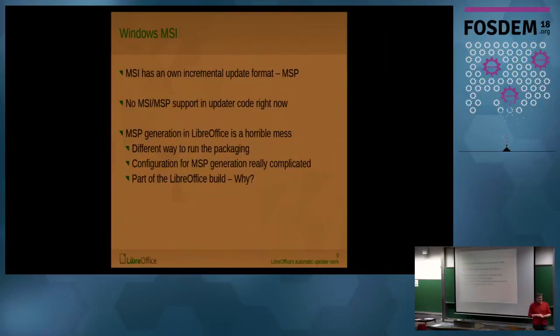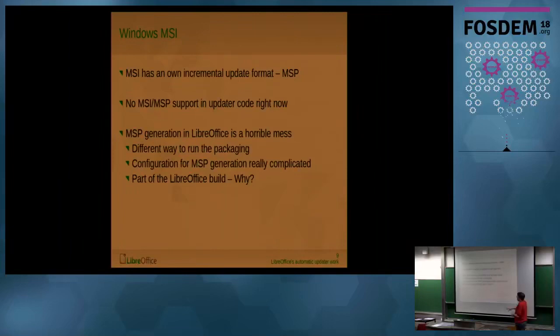It's part of our build, but you need to configure that part with a few files that are more or less undocumented. It also requires that you change how you build LibreOffice. So it generates then CAB files that are then later packaged again and so on.